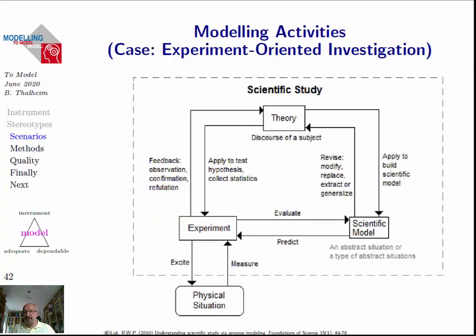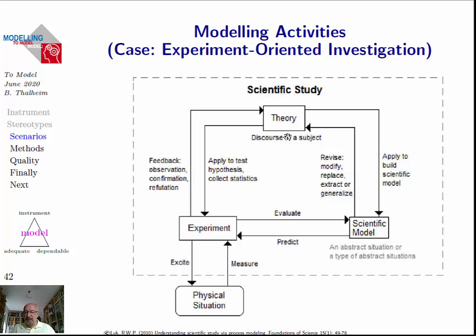A similar thing could be done for experiment-oriented investigation. We have something like a theory, develop models on the theory. We can now use these models for experimenting. The experiments again are evaluated against the scientific model, so that we have to maybe revise, modify or replace parts and pieces in our theory.